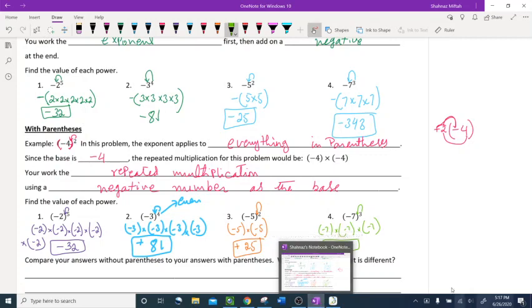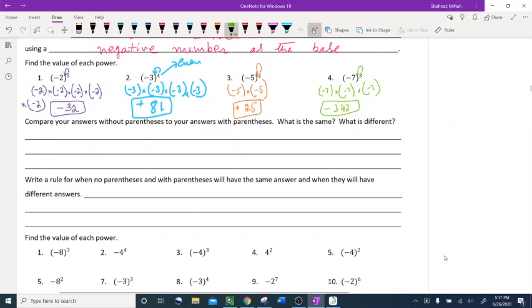Okay. Now, let's see this. They said compare your answers without parentheses to your answers with parentheses. What is the same? What is different? And then we have to answer that. Now, if you guys look at it, the number part is always the same.